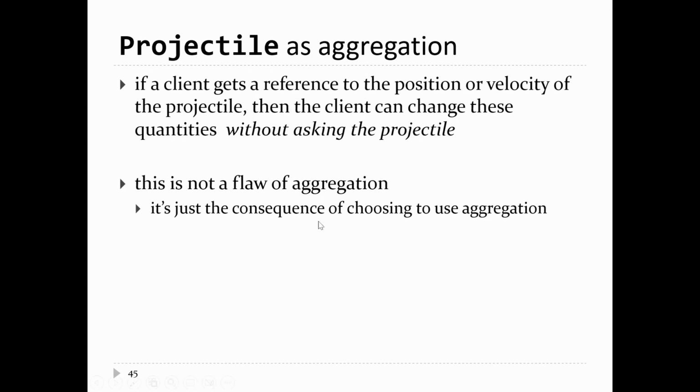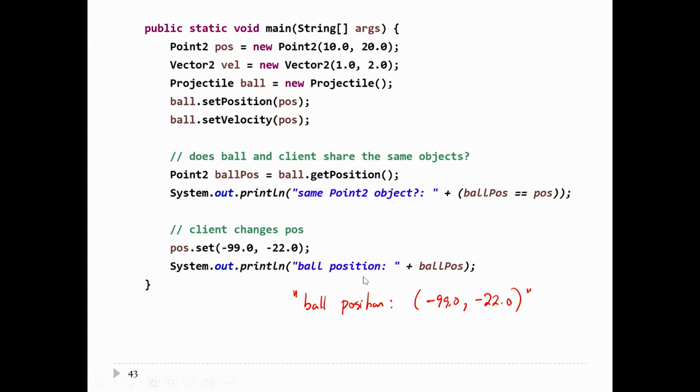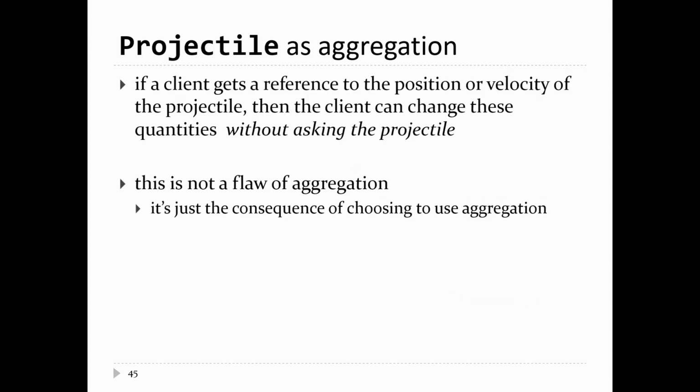This is simply a consequence of choosing to use aggregation in this particular example. If you want it to be the case that you must ask the ball to change its position, so in other words, if you want that line there to print out 10 and 20, then you have to do something else. And that's what composition is for. We'll look at composition in the next lecture.